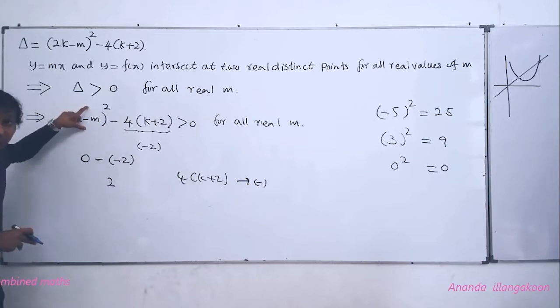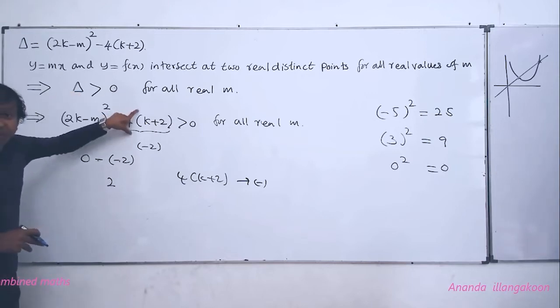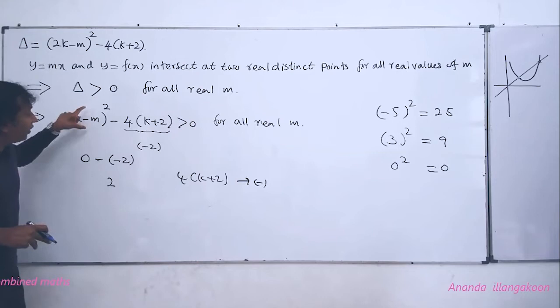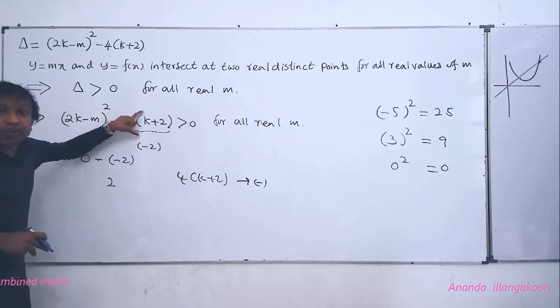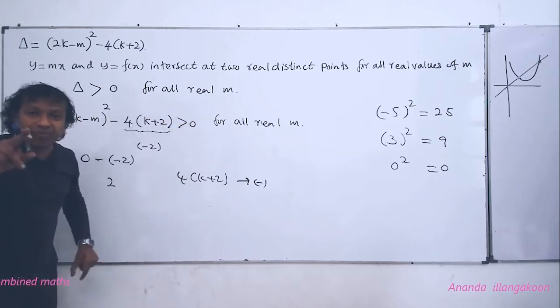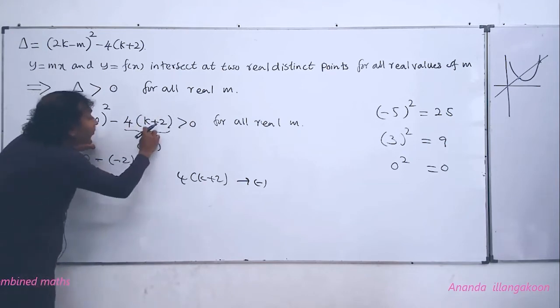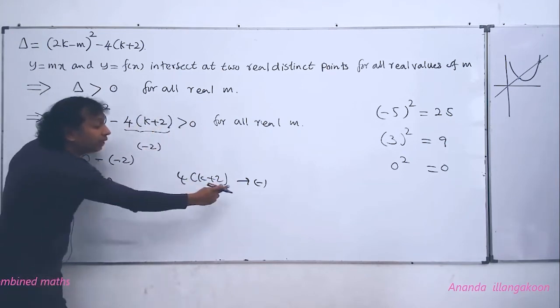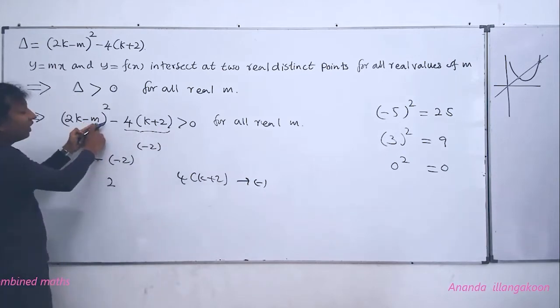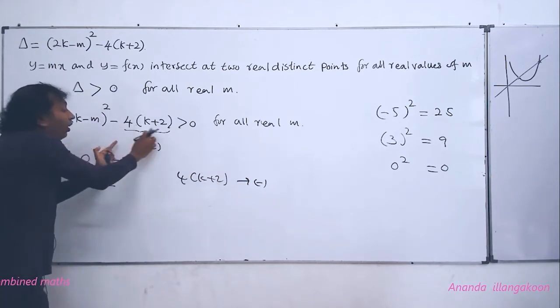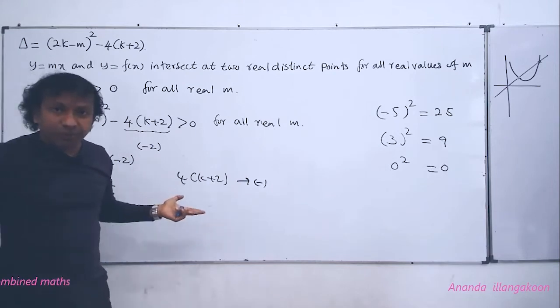This is positive, positive plus positive is positive, and if this is 0, 0 plus positive is still positive. Then whatever the value of m, if this 4 times k plus 2 becomes a negative answer, the whole left hand side becomes positive.